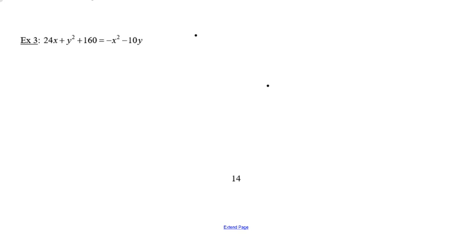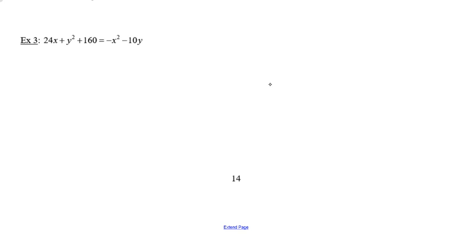Number 3 is a little bit tricky because we have x terms and y terms on the left side and right side. We've got stuff going on all over the place. So the first thing that I need to do before I can get down to the business of completing the square for this question is I have to move everybody with an x term or a y term to the left side of my equation, everybody without one to the right side.